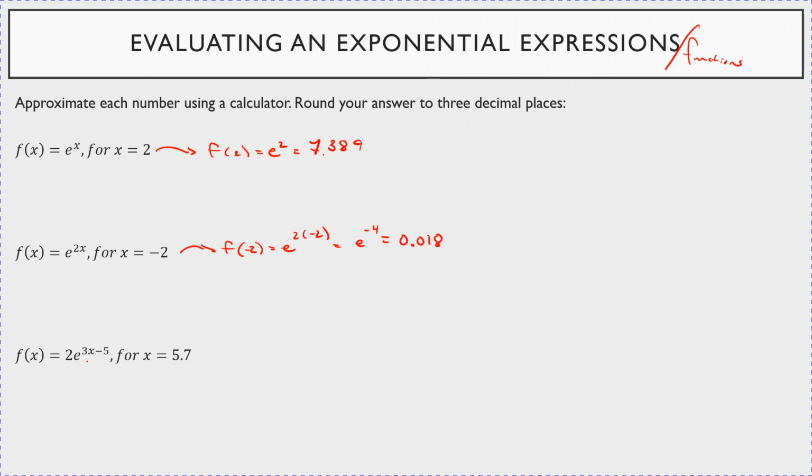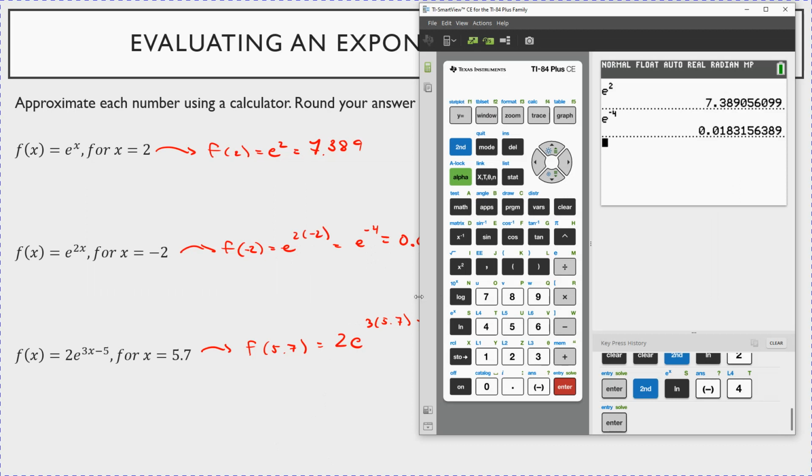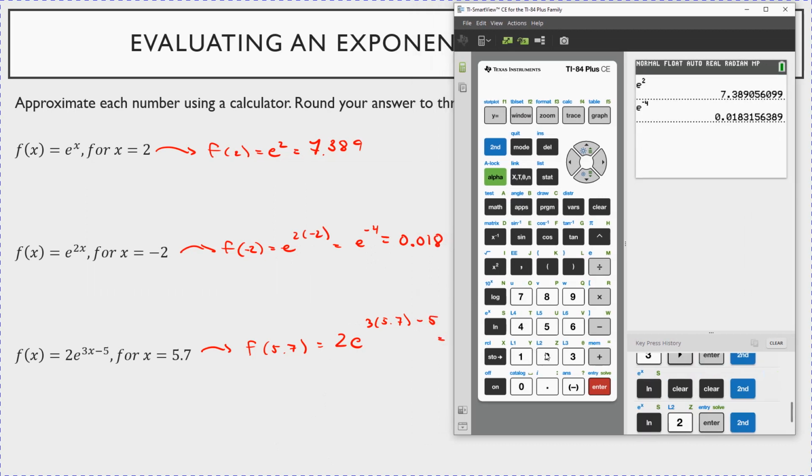And now this crazy one right here. Let's evaluate this function for 5.7. So this would be 2e to the 3 times 5.7 minus 5. Well, the great thing here is if you have these really fancy graphing calculators, you could do it like this: 2 times e, and then e is raised to the 3 times 5.7 minus 5. And this all does it in one step correctly in your calculator when it's plugged in like this.